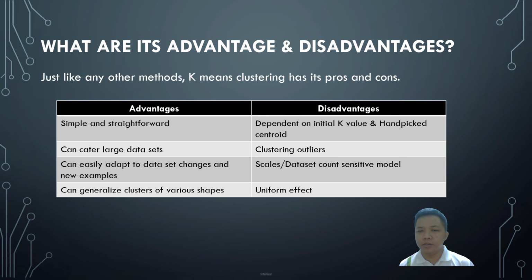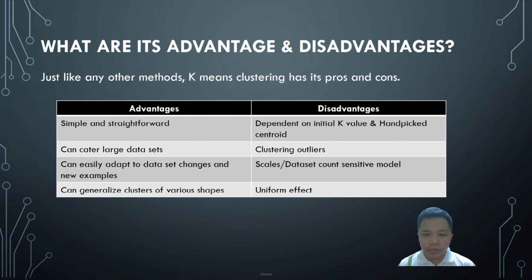Another disadvantage is that it clusters the outliers. Regardless of whether your data set has some abnormal data, once it detects outliers, it will automatically capture them and include them in the calculation of the clusters.